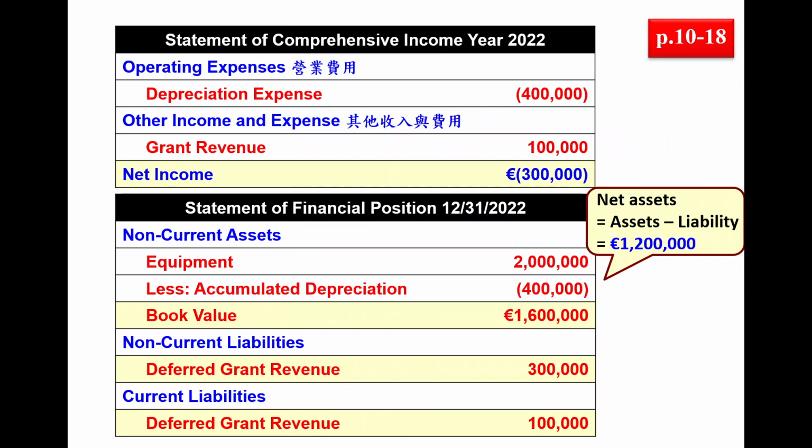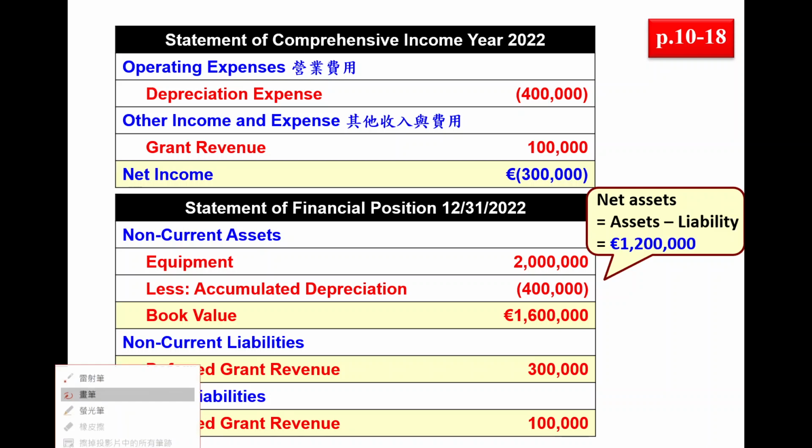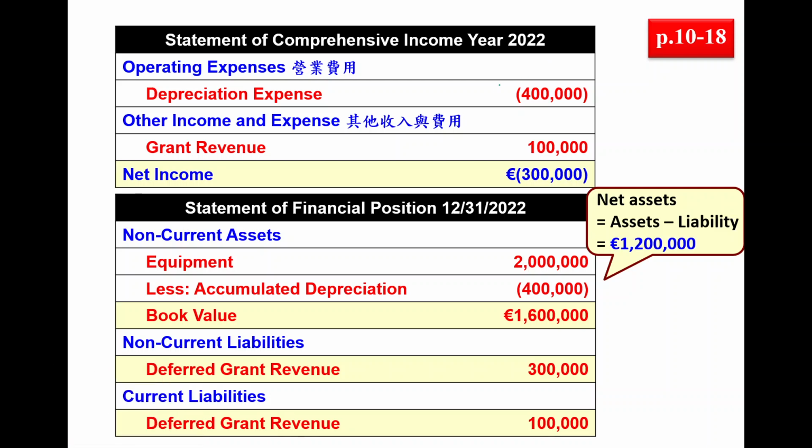So for your statement of comprehensive income, we have depreciation, $400,000. And your government wants to compensate your expense, so we have grant revenue. Did you find out we use grant revenue to compensate your depreciation expense?